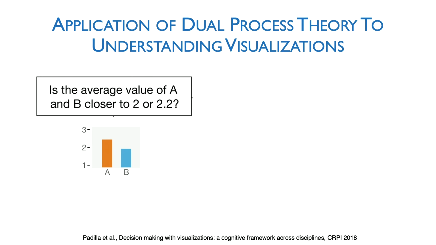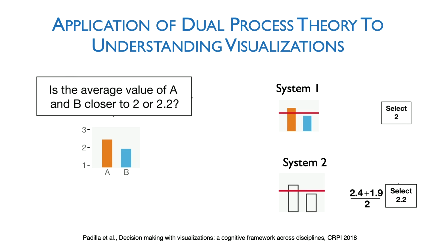So let's take their example. Say a person is given this question: is the average value of A and B closer to 2 or 2.2? If you use System 1 thinking in this framework, that would predict you would select 2 because you kind of put this line and it looks close to 2, and so we're going to say 2.